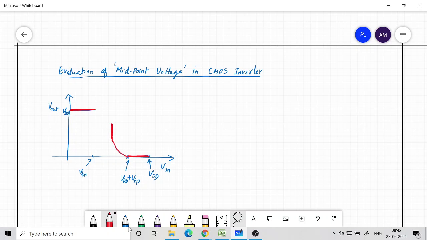And similarly here also you can draw it just slightly comes down. Okay, so roughly this is how it is going to look like.